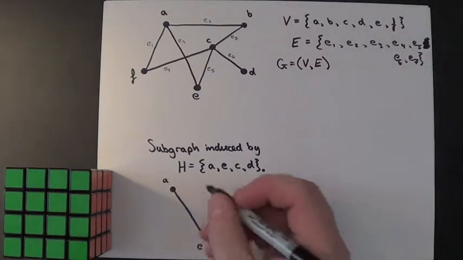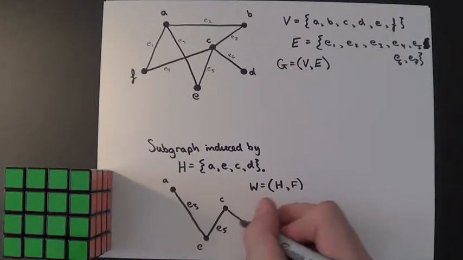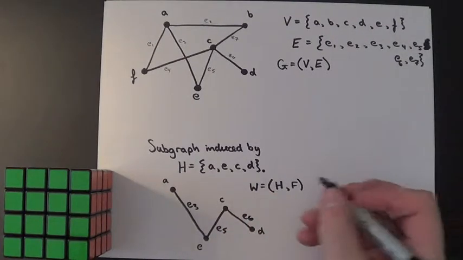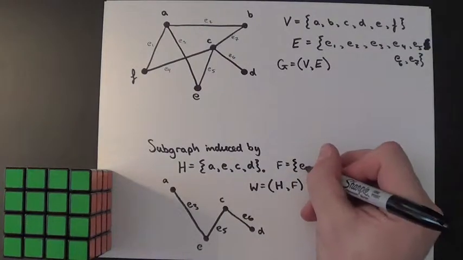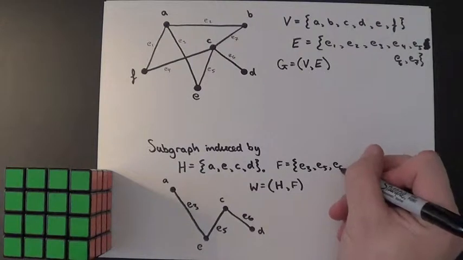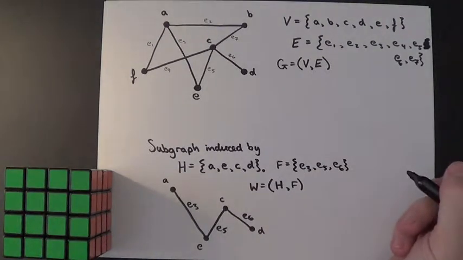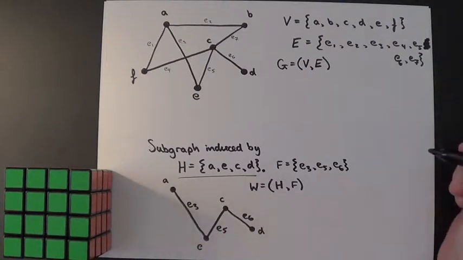And that's all there is to it. So not too complicated at all. If we want to write this out, F would be the set containing E3, E5, and E6. So it's a subgraph induced on the set H here.